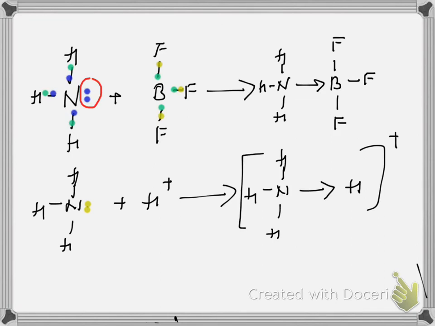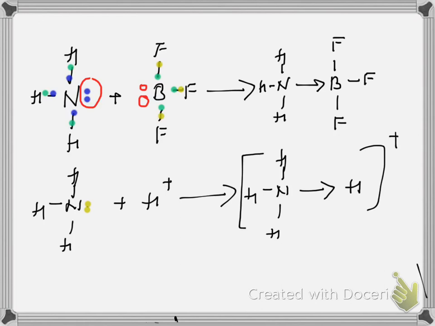But boron has 3 valence electrons, the 3 green dots, and fluorine donates 1 electron each, the yellow dots. Totally, boron has 6 electrons in the valence shell. It is short of 2 electrons, so it is deficient in electrons.